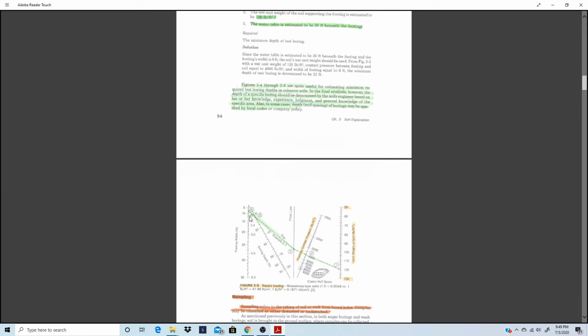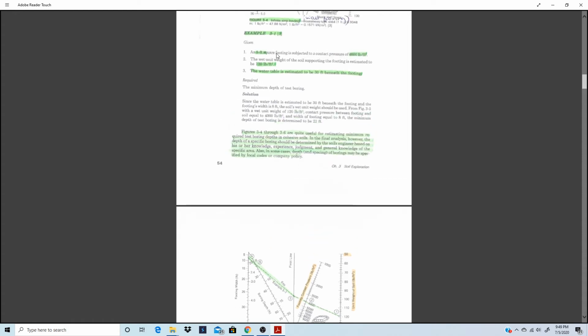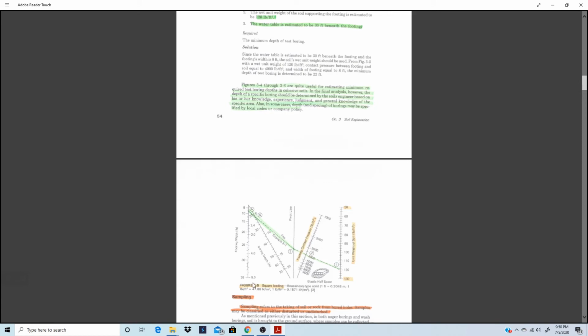If this is an 8-foot square footing, and it was less than 8 feet, we would be looking at the right side of this chart. Therefore, when we're reading the depth, we would read the right side of the boring depth.